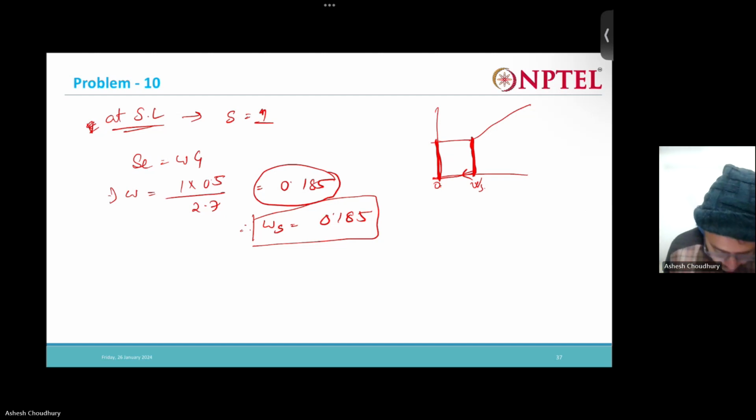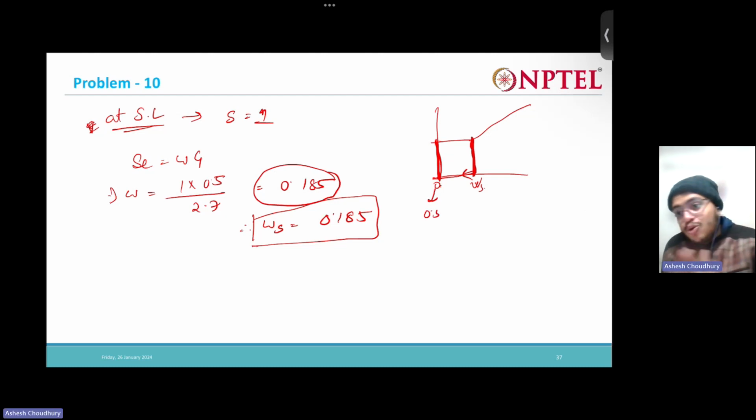The void ratio here is 0.5. The volume is remaining the same, so the volume of voids is always the same. Whatever the volume of voids is here, it is the same at shrinkage limit, 0.5. So that's how we find it out.